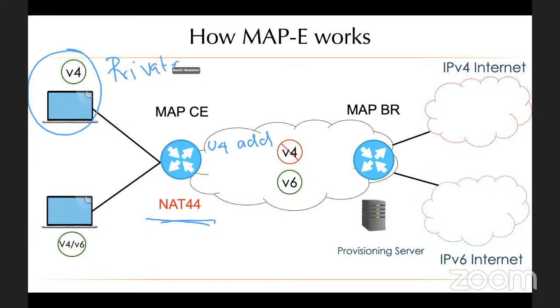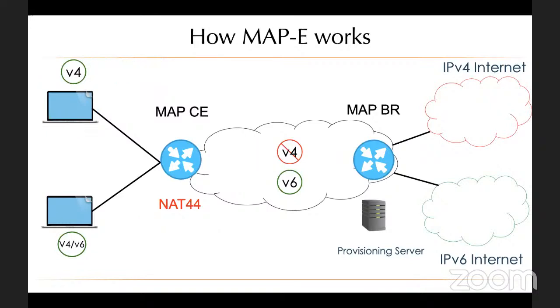So the source IP remains unchanged. And then what changes is the destination IP, because currently the destination IP is our public IPv4 address that was assigned to this CPE or the CE, right? So what changes is just the destination v4 address. We're going to translate this to the private IPv4 address and then forward the packet to the host that sent the request earlier on. So this is how MapE works in a nutshell.